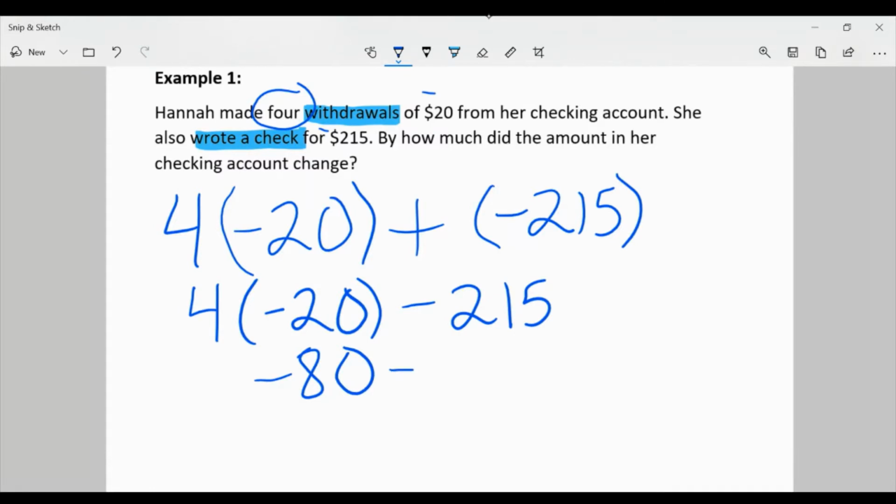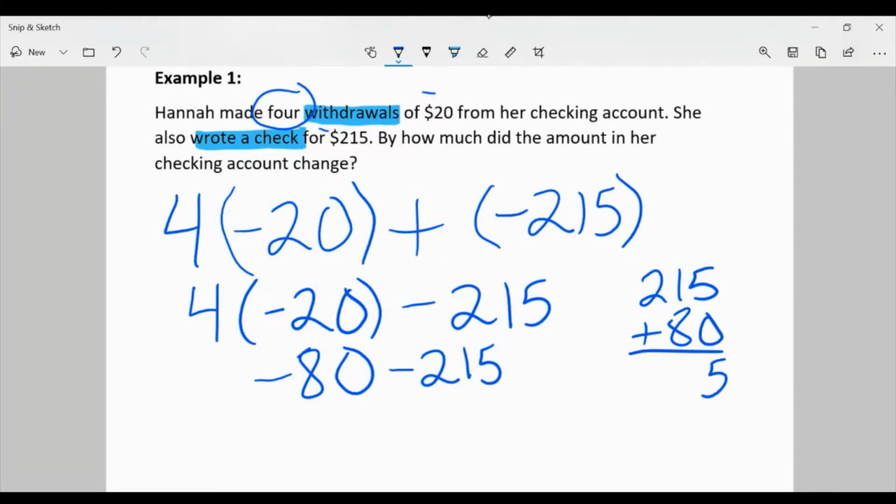And then I'm just going to bring down the rest. Okay, now I have 2 numbers. They're both negative, so they're the same sign, so we can add them together, add their absolute values together. So I'm going to go ahead and do that.